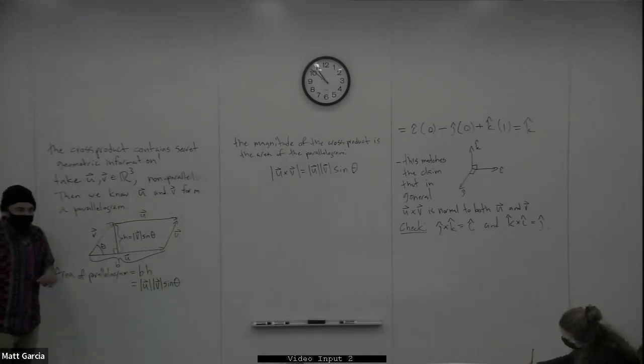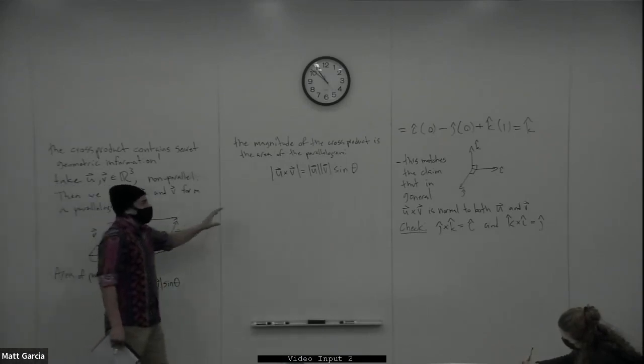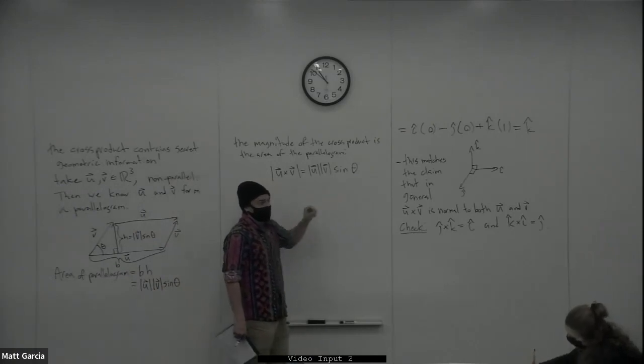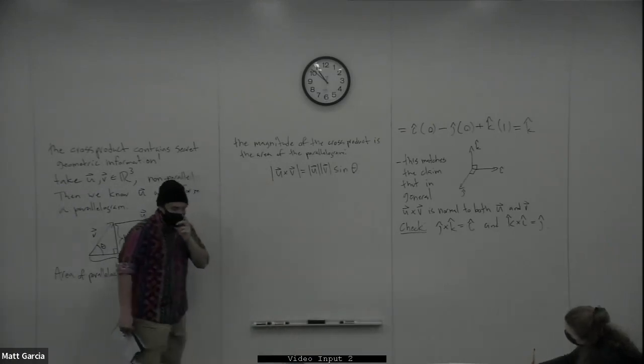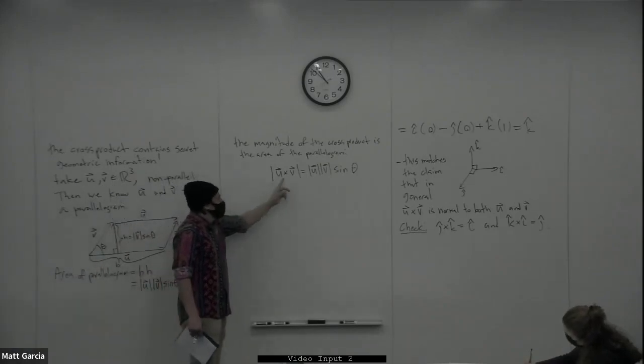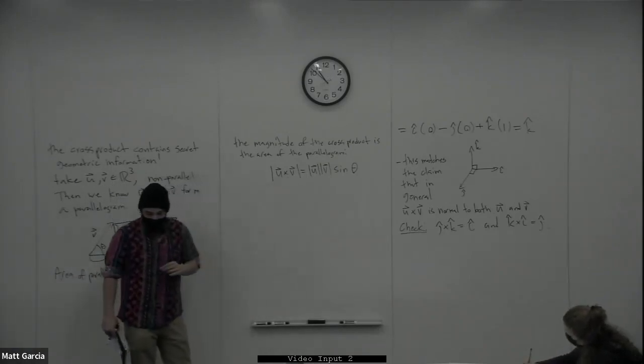Okay, so although much different in character than the dot product, we've derived a very similar formula for the magnitude. Right? Remember that u cross v is a vector.